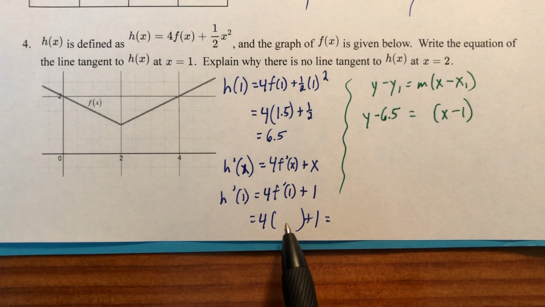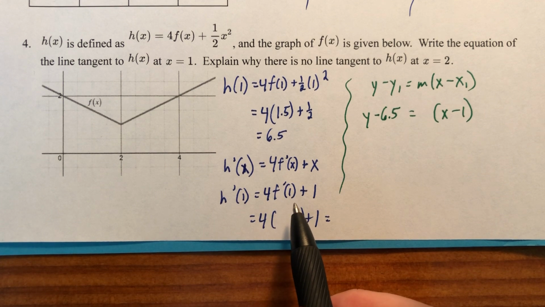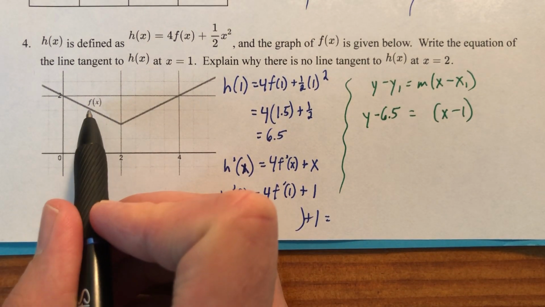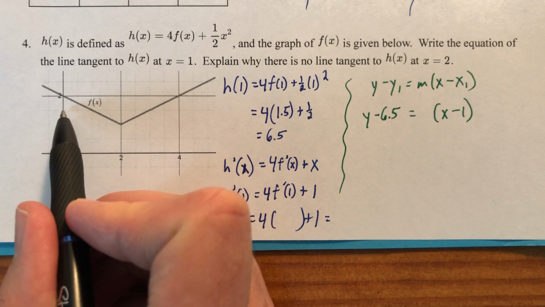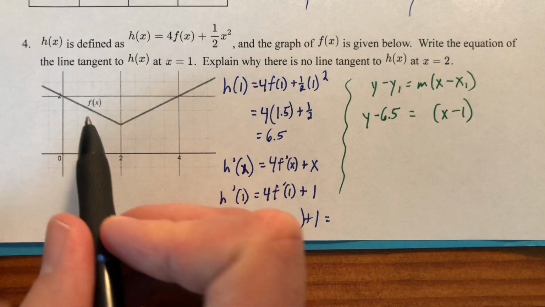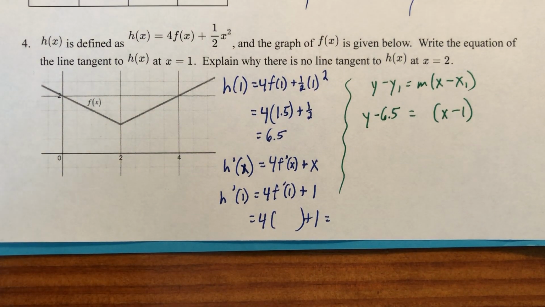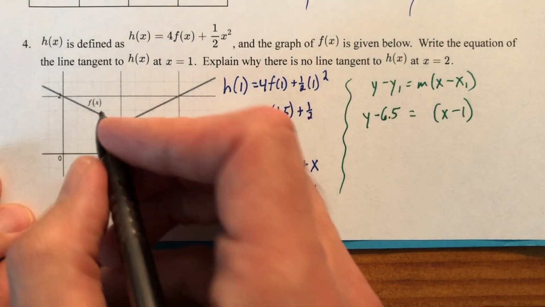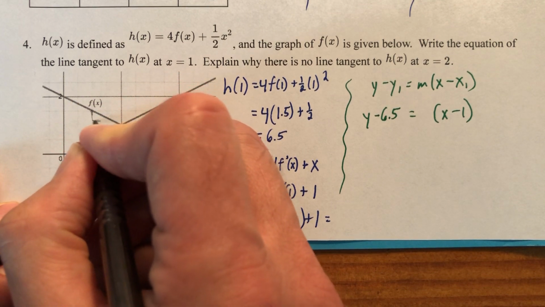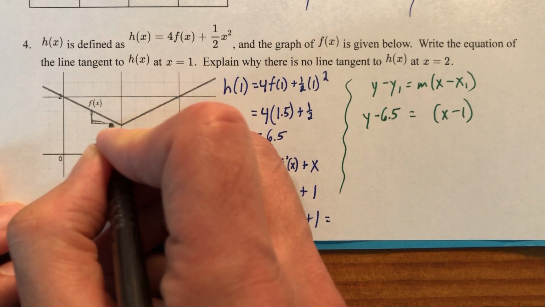So let's see. f prime of 1. I need to know the value. Well, it's not 1.5, I'll tell you that, because that'd be the y value associated with a 1. I need the slope of f. Well, what's the slope of this little line right here where x equals 1 is? The slope of this would be down 1 over 2.